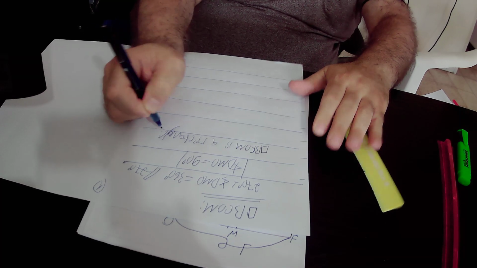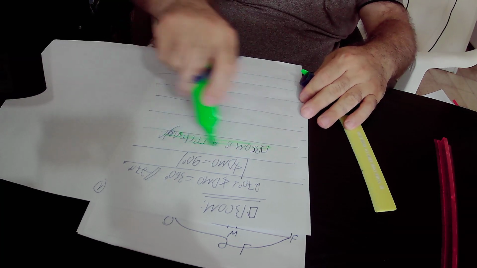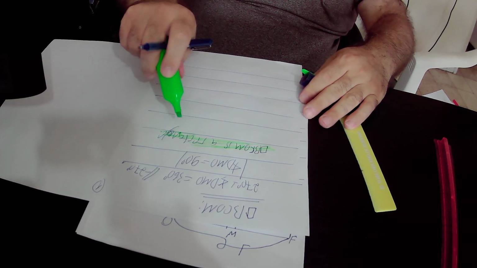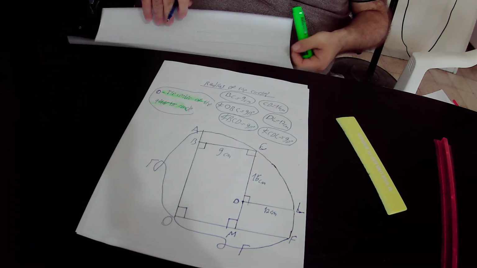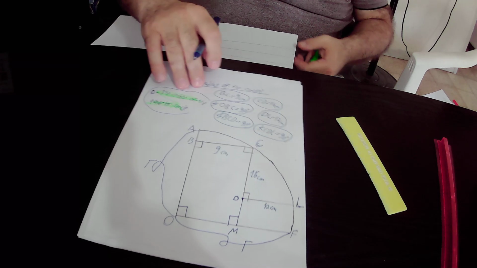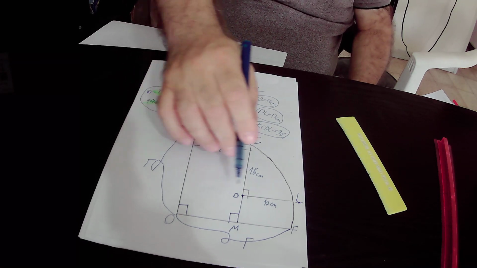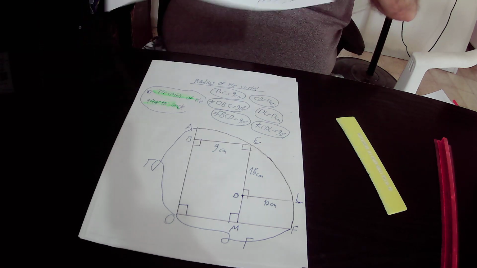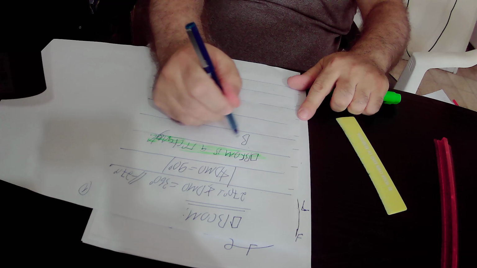Because it has 4 right angles. But we also know that the opposite sides of a rectangle are equal to each other. So in rectangle BCOM, its opposite sides must be equal. So side BC must be equal to side OM.